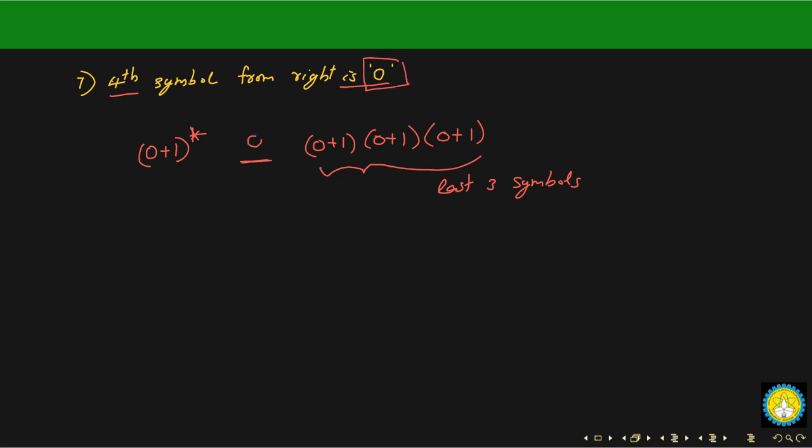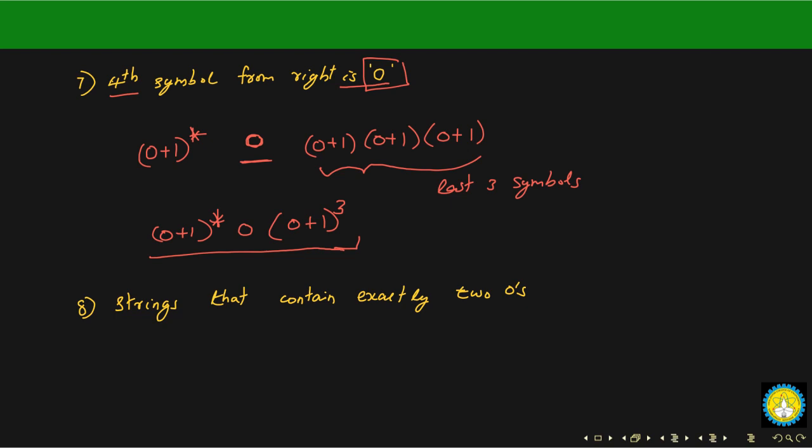Again, this can be simplified and written as (0+1)* followed by a 0 and then (0+1) 3 times. So this is going to be the regular expression to represent the language where the fourth symbol from the right is a 0.